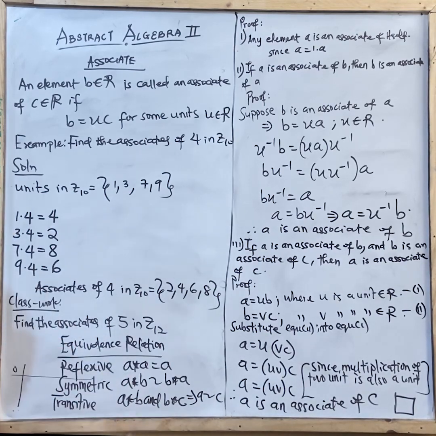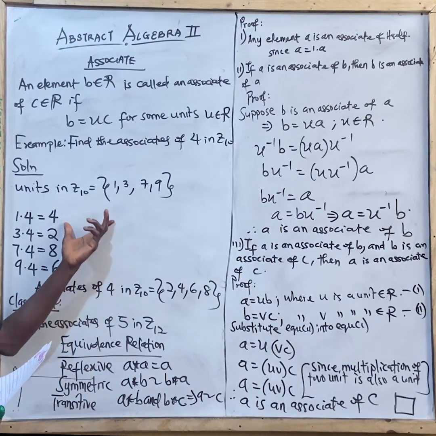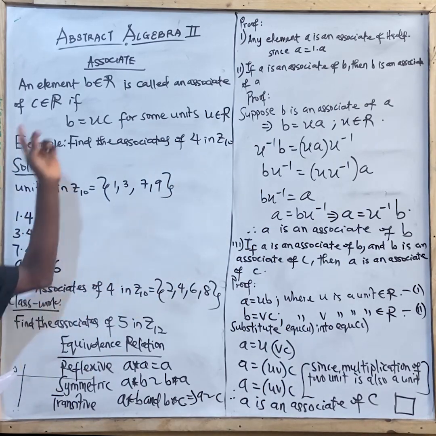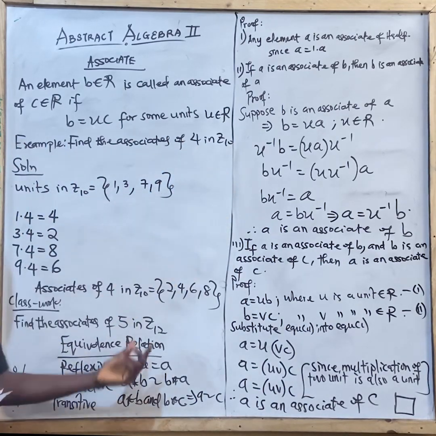So all of these three, we brought into associate, and we said that A is an associate of itself. From the example I gave, when they said find the associate of 4, we were getting 4 also to be an associate of 4 in Z10. So this is true.